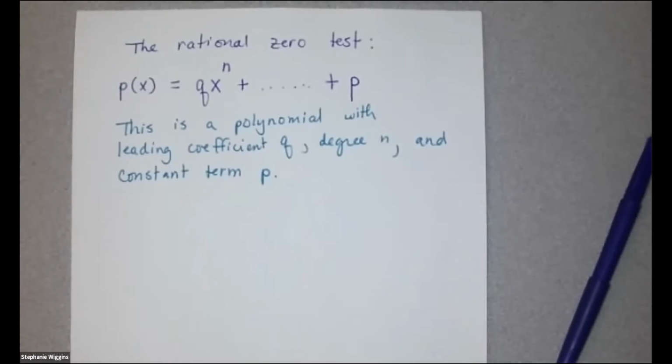Okay. If you have your constant term equal to 0, then you can factor out an x and get a new constant term which is not equal to 0. You can factor out whatever power of x you need to. But to apply the rational zero test, you need a non-zero constant term.